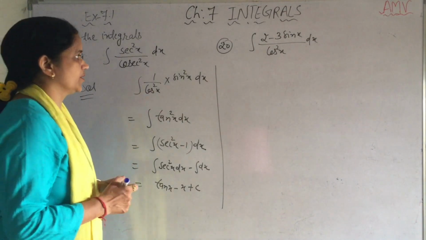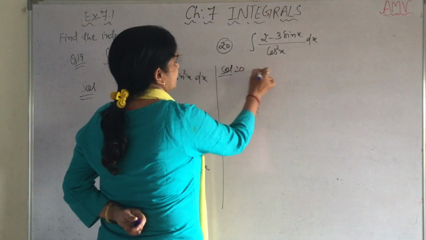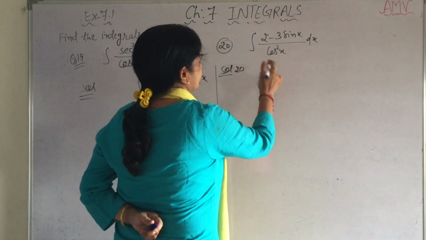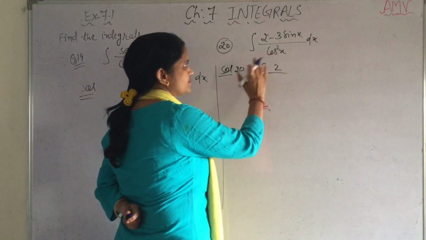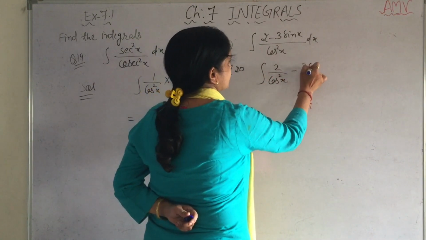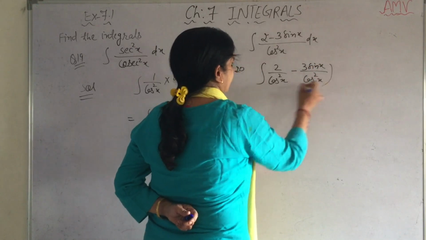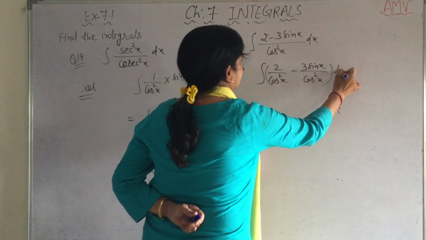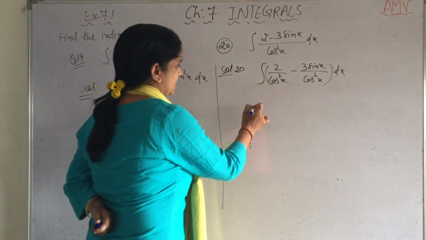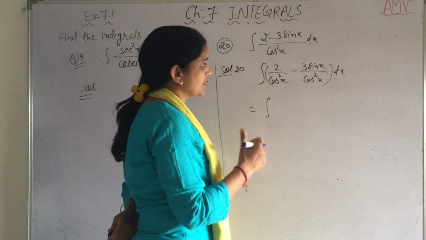Question number 20. For this question, first separate it by the terms: 2 by cos square x minus 3 sin x by cos square x, whole dx. Now apply the formula. 1 by cos square x is sec square x.